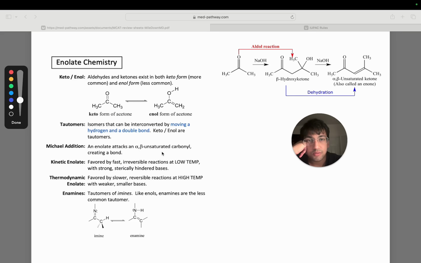And I'll show you some examples of this later. And then we have kinetic enolate versus thermodynamic enolate. No changes here. This is the same principle as before. Kinetic enolates will form faster at lower temperature, but they'll be less stable than a thermodynamic enolate. Finally, we have enamines. Enamines are tautomers of imines, like we talked about before.